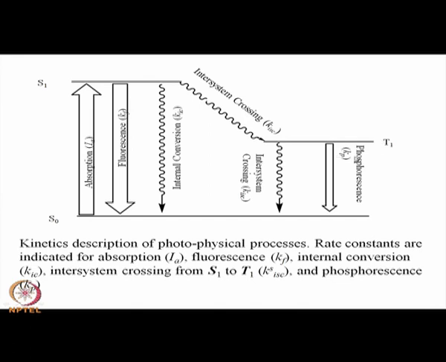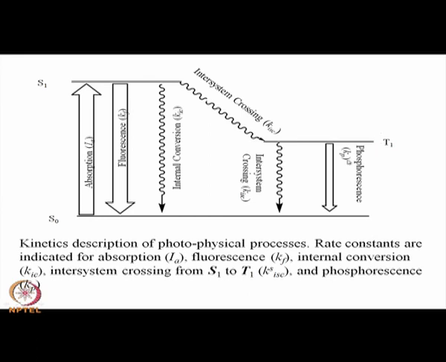What happens in a real case if you increase the temperature? At some high temperature, since the mean random translational kinetic energy or the thermal motion of the solvent molecules is more, there is more possibility of triplet being depopulated by a collisional mechanism. Therefore phosphorescence will be less.